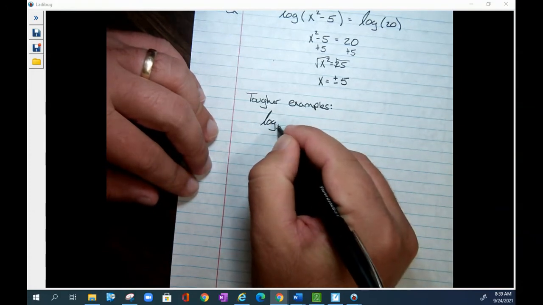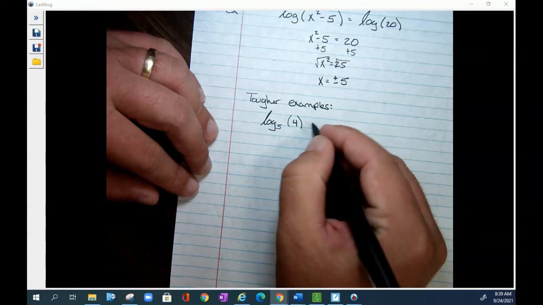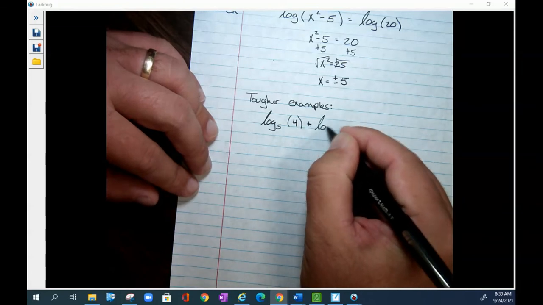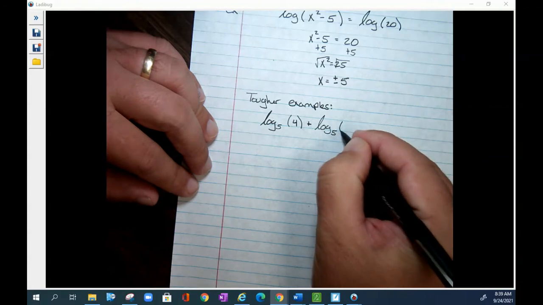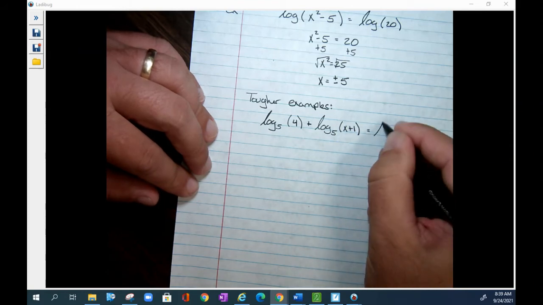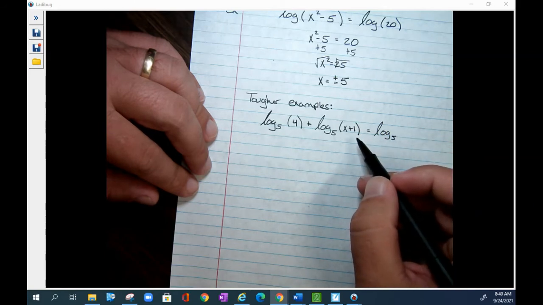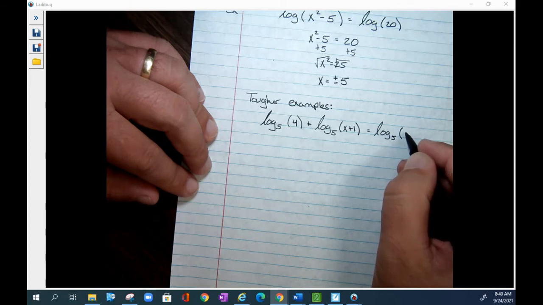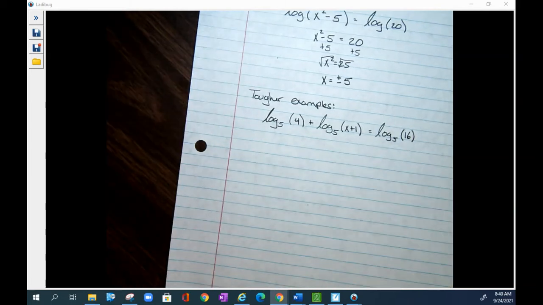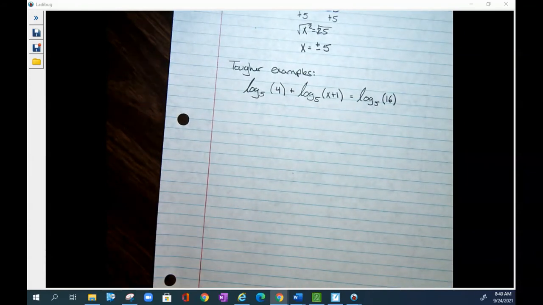So let's go log base 5 of 4 plus log base 5 of x plus 1 equals the log base 5 of 16.